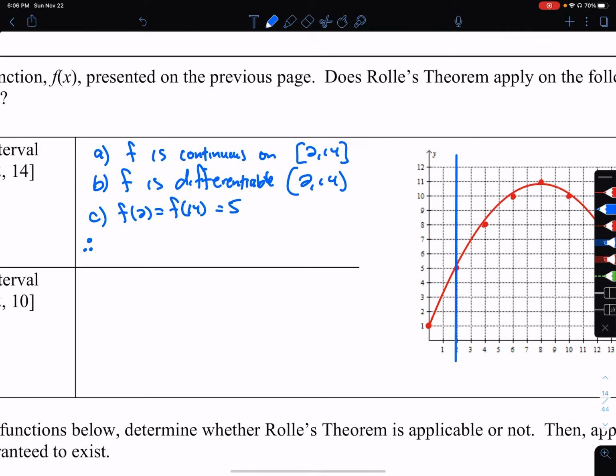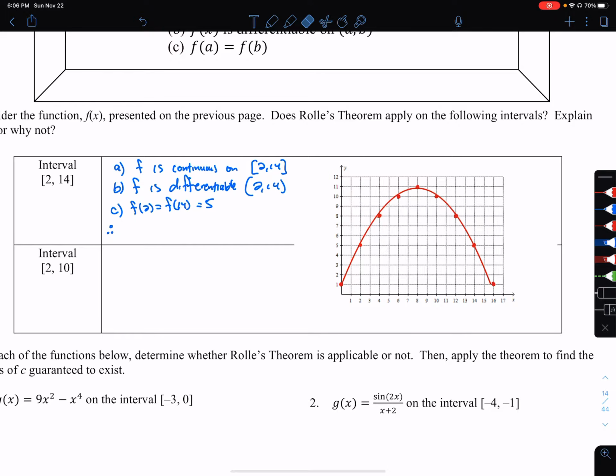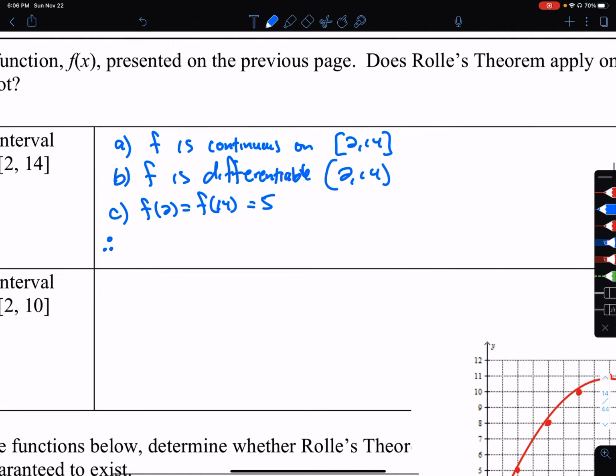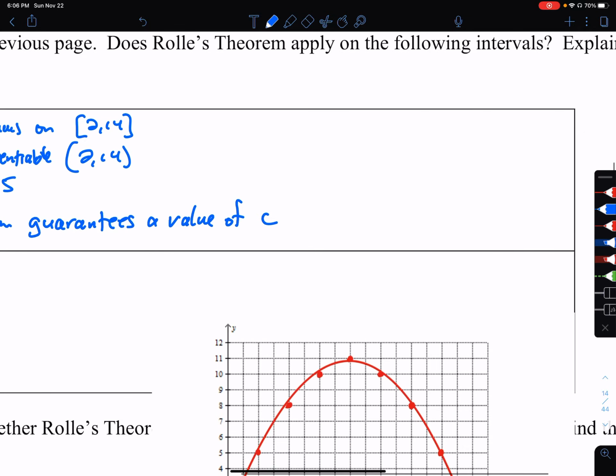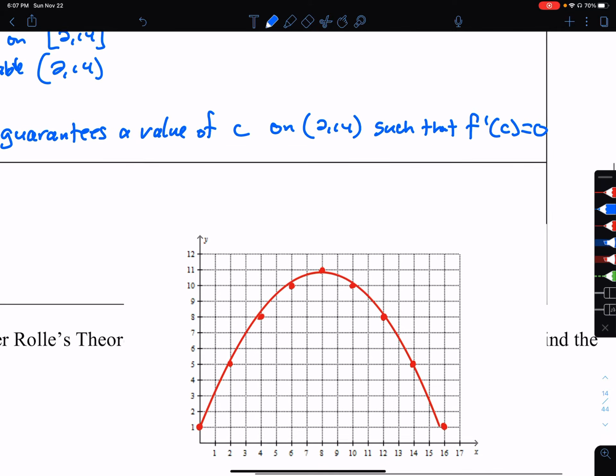Therefore, a conclusion we can make: Rolle's theorem guarantees a value of c on the open interval 2 to 14 such that f prime of c is equal to 0.